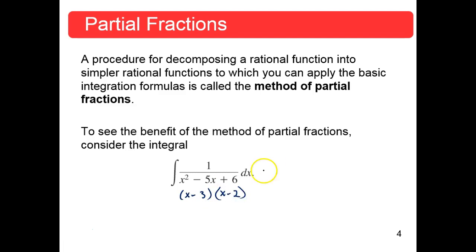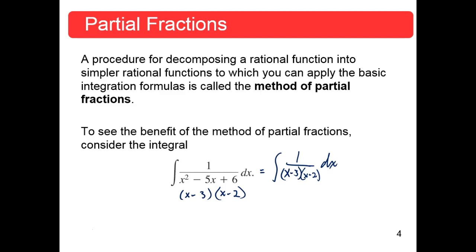Very good. So then you would write in the integral 1 over x minus 3 times x minus 2 dx. Can you integrate that? No. But you made a really good first step to what you can do to really integrate.